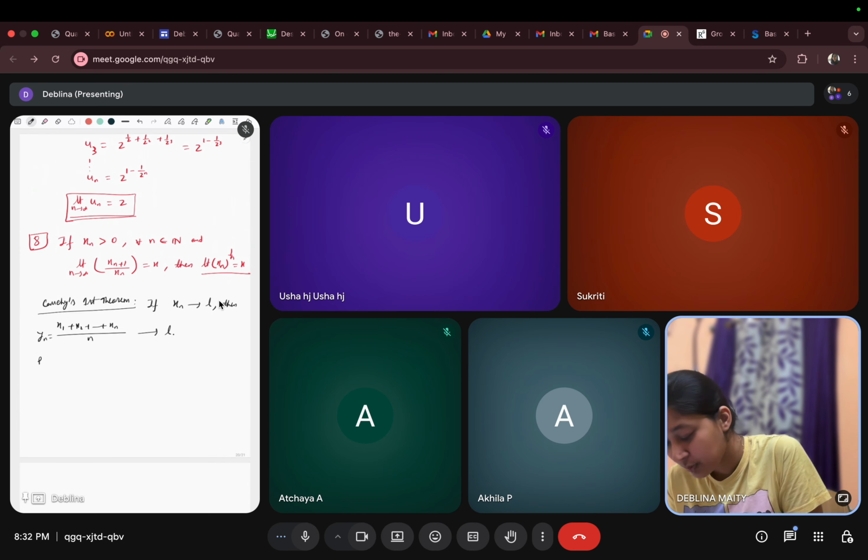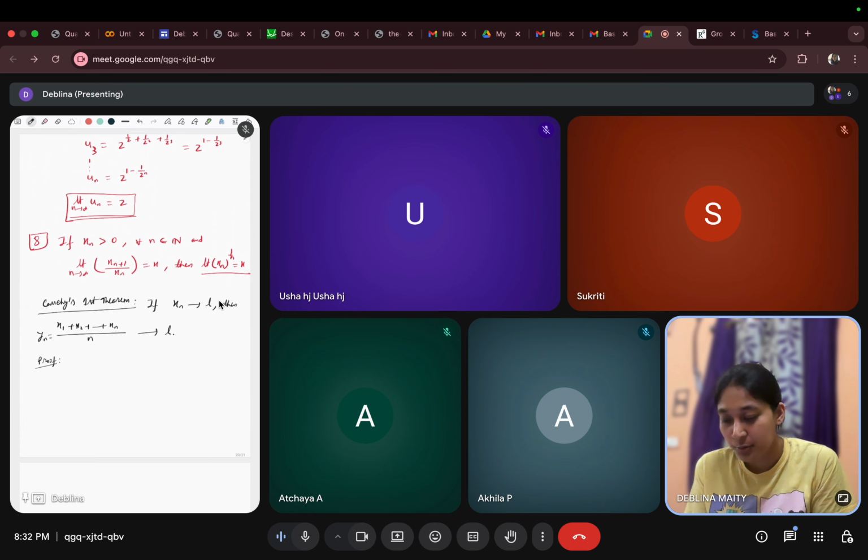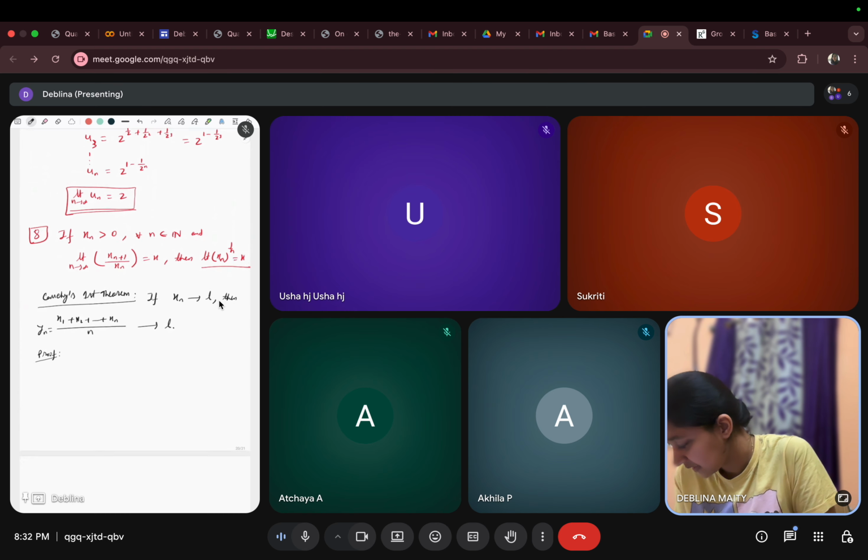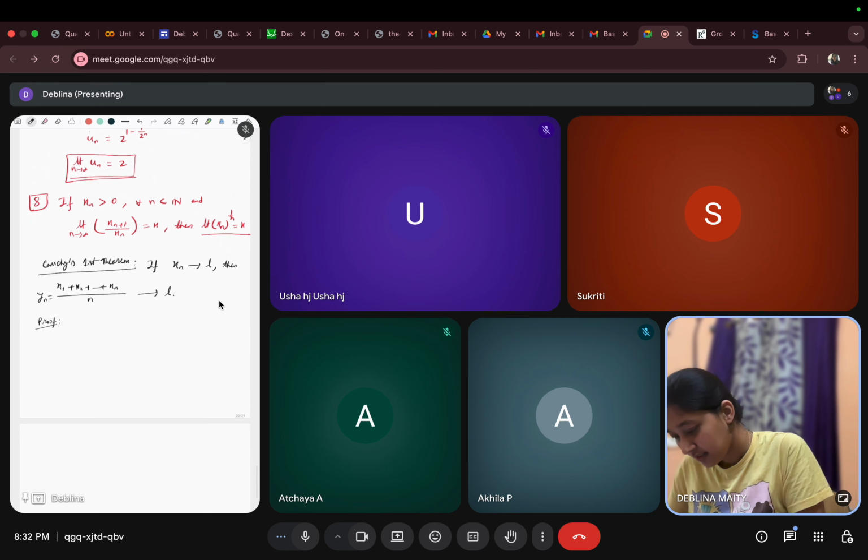So proof. xn converges to L, and we have to prove this in two cases. So case 1 is L is 0.